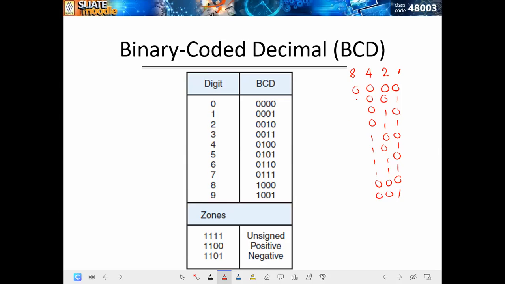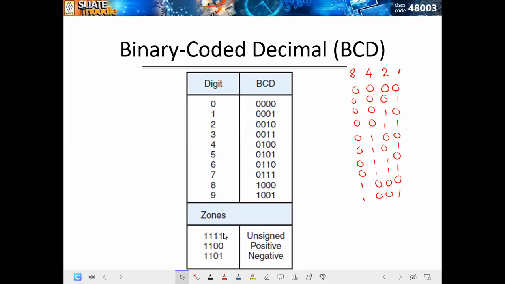This column: 0 0 0 0 0 0 0 0 1 1. That's it. Now you know the binary value for each and every decimal representation, right? Each and every decimal value. Now fill in all of them here.